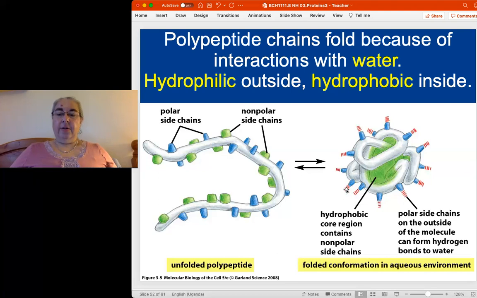So here are charged parts of the protein making contact with the water, allowing the protein to be dissolved in the water, and the hydrophobic amino acids, shown in green, folded away on the inside where they're making contact with each other and therefore not in contact with the water. And this is a very energetically stable shape, a stable conformation for the polypeptide chain. Okay, all the amino acids are in their preferred environment.